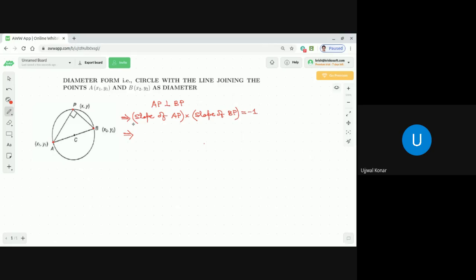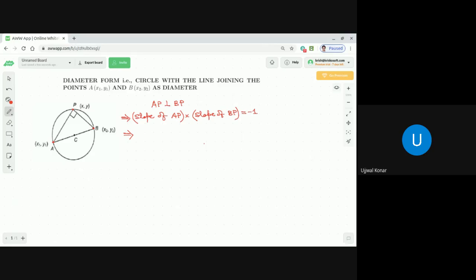And what is the coordinate of the point P? x comma y. And that is an arbitrary point. Why is it an arbitrary point? Because that point P will vary. As point P varies, we will see a circle. In fact, you can see the way I'm deriving, it is finding the locus of the point P such that AP and BP are always perpendicular to each other.